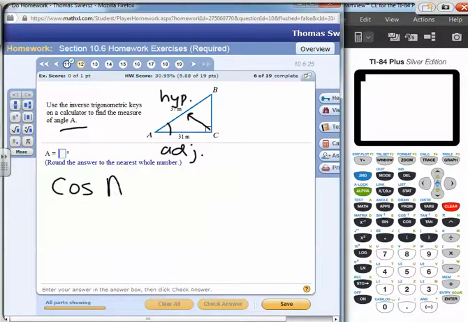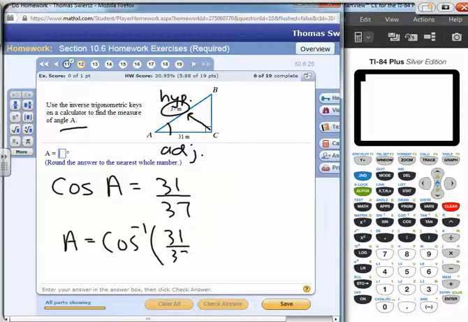So cosine of angle A, we're missing it, is the side adjacent, 31, over 37. So that's equivalent to saying that A is equal to the inverse cosine of 31 over 37. So again, the second key and then the cosine will give us the cosine inverse, and we'll put in second cosine and then 31 divided by 37 and a right paren.